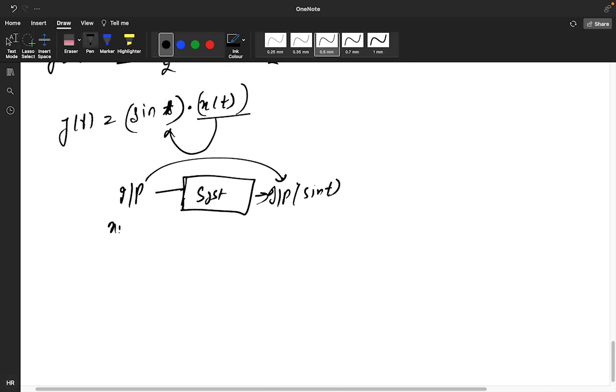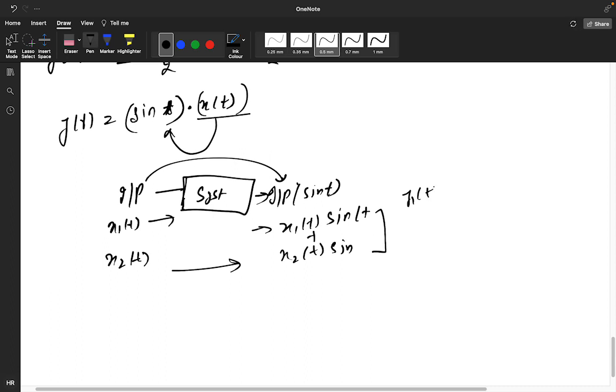So if I have x1 of t, what output will I get? x1 of t sine t. If I have x2 of t, what output will I get? x2 of t sine t. If I add them, y1 of t output plus y2 of t output is equal to sine t times x1 of t plus x2 of t.